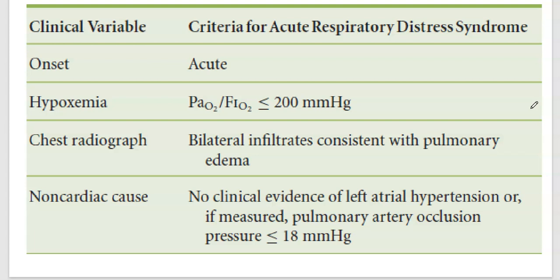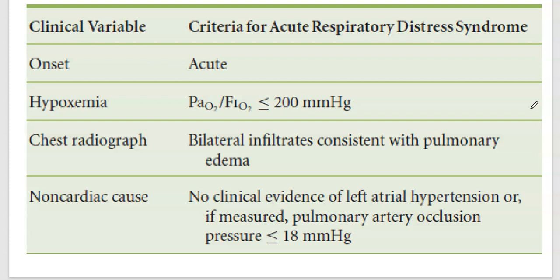Okay? Bilateral infiltrates, same lang din naman siya, no clinical evidence. But it's basically an ending between your hypoxemia in your acute lung injury and that of your acute respiratory distress syndrome. Okay? Dapat mas mataas yung FiO2 mo para at least ma-distribute pa din yung oxygen mo.